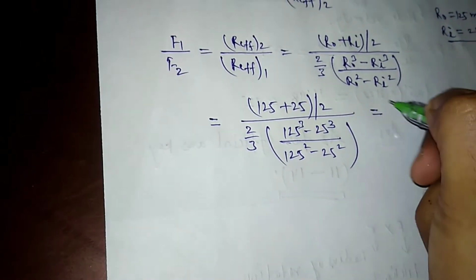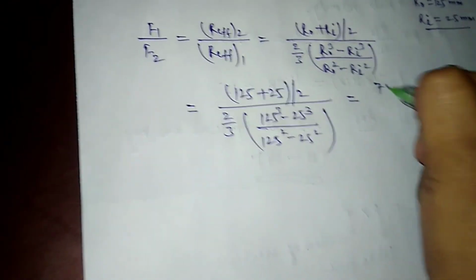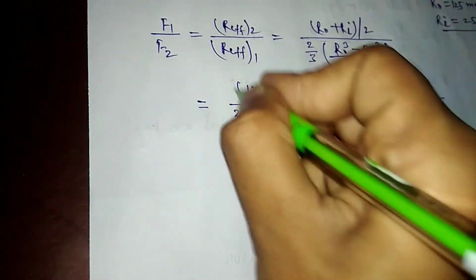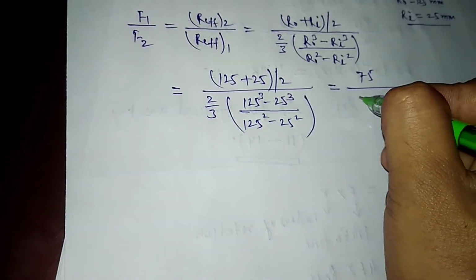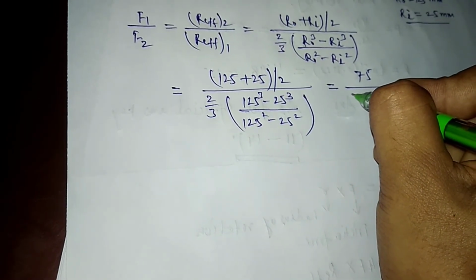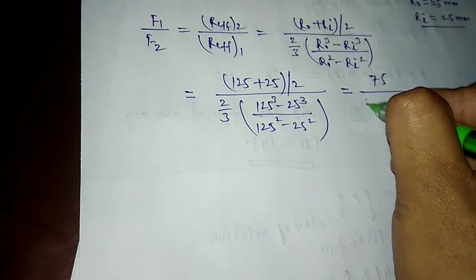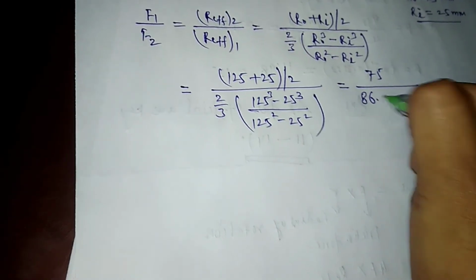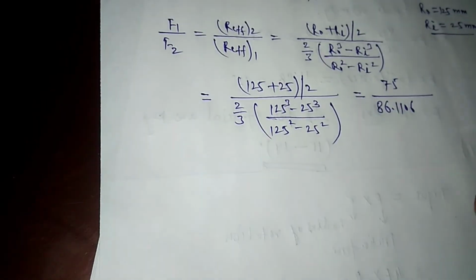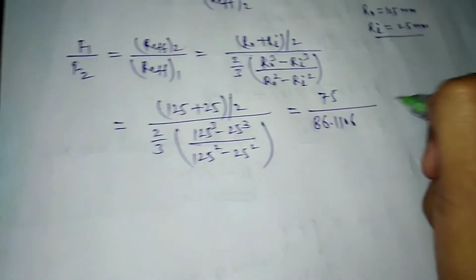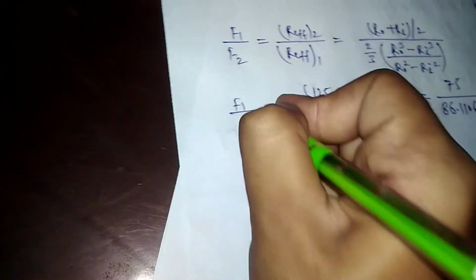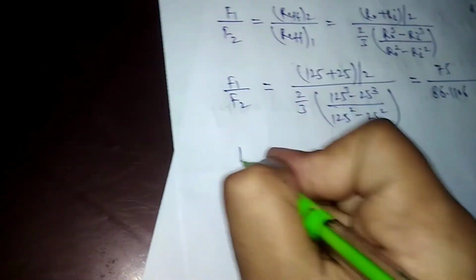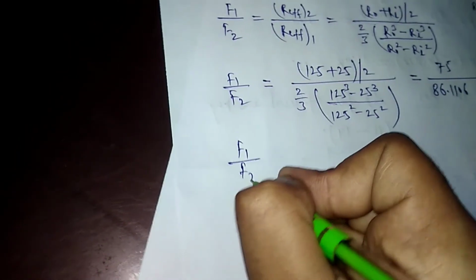So when we calculate, this value will be 75 upon 86.1106. So finally it will be equal to 0.87.